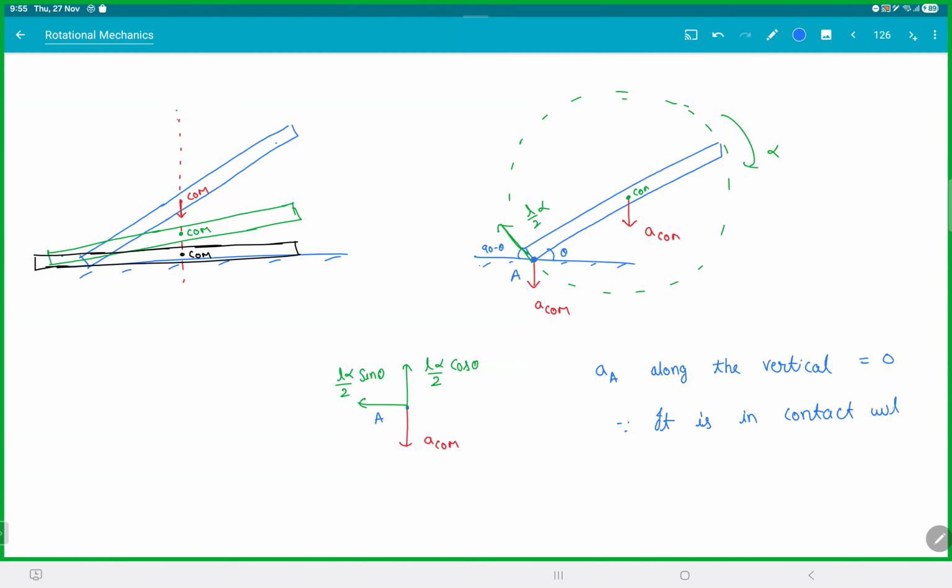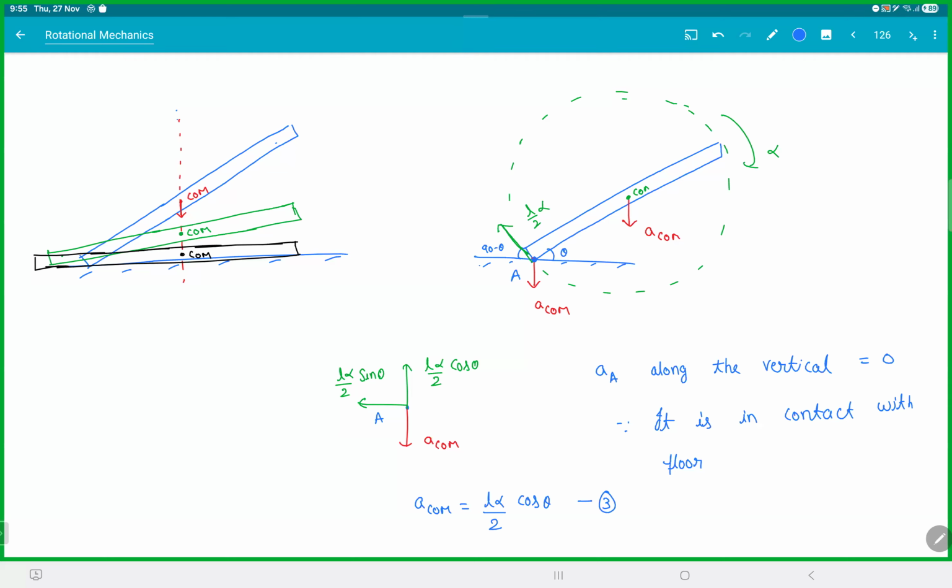This is where you get the third equation from. This is a rigid body constraint. This doesn't come from the no slipping condition because here it is slipping. So we have A center of mass is equal to L alpha by 2 cos theta. Be careful. This is what I was saying. Blindly don't say A is equal to R alpha, no slipping condition. People do that. Check your 3 equations.